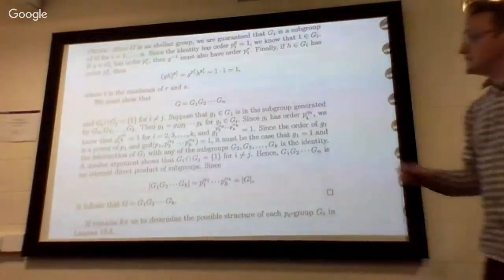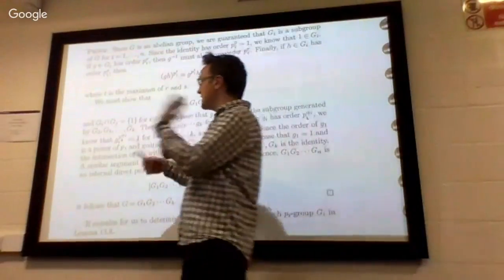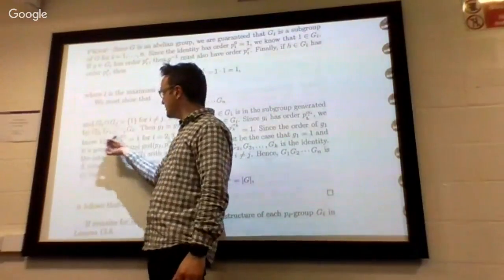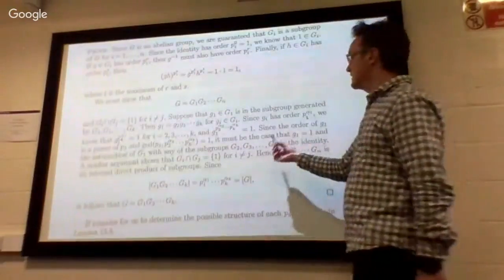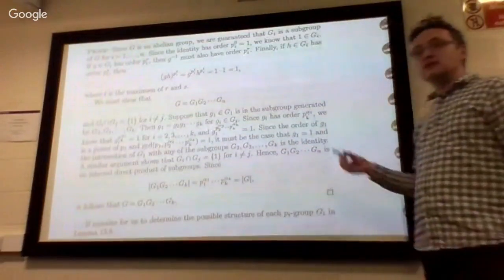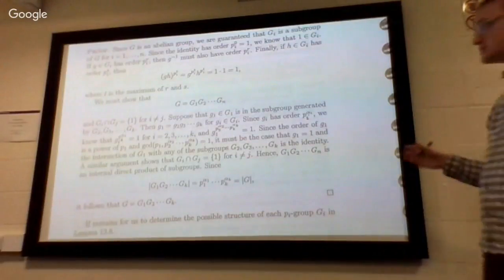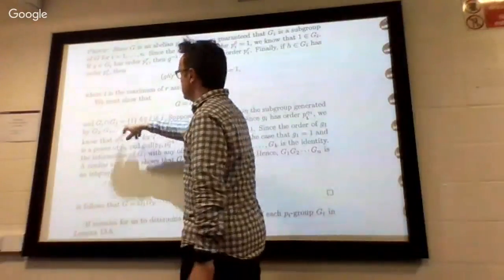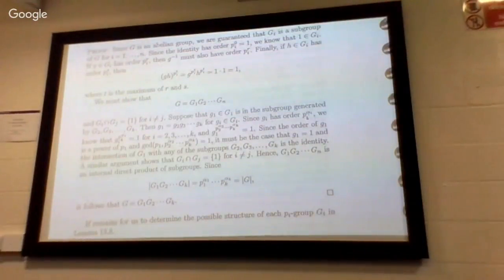So the intersection of G1 with everything else generated by capital G2 to capital Gk is, well, the only thing you can get is the identity.